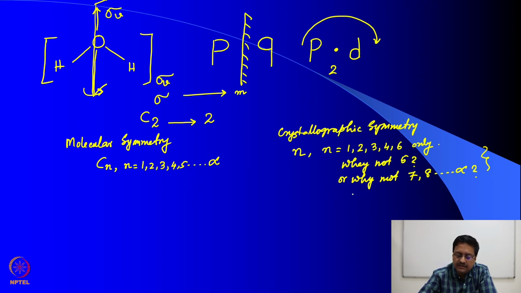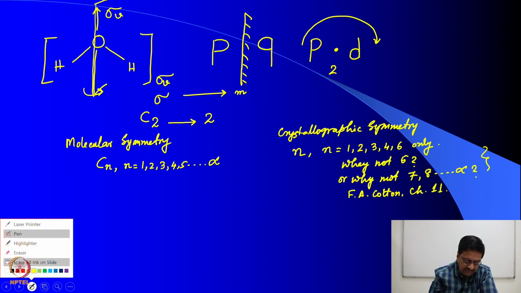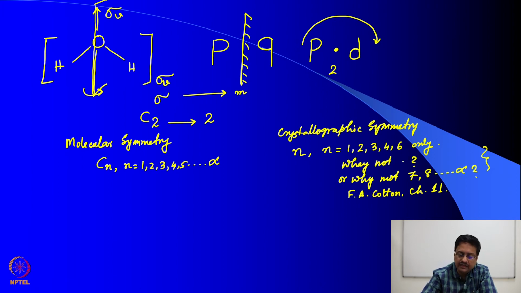I can give you a reference where this problem is discussed, the book by F. A. Cotton, chapter 11, where a small simple geometric proof is given to show why in crystallographic symmetry you cannot have a 5-fold axis, or anything higher than 6.